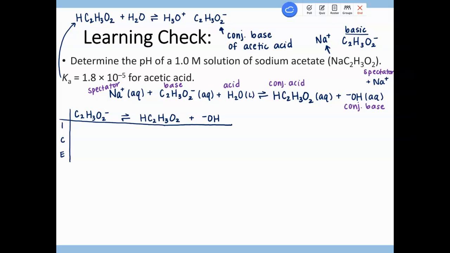All right, so we know it's a 1 molar solution of sodium acetate. So we have 1 molar acetate. And then initially we don't have either of the products. To reach equilibrium, we have to use up reactant and produce product. So negative X for reactants, positive X for products.